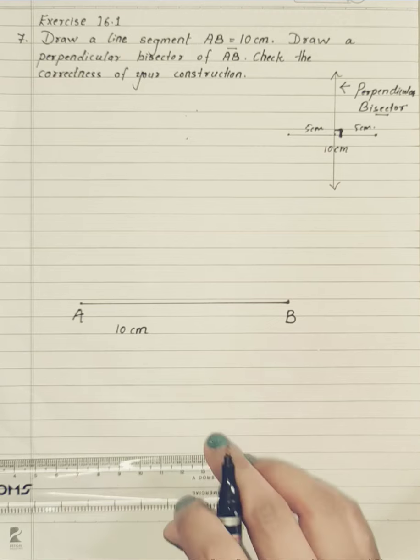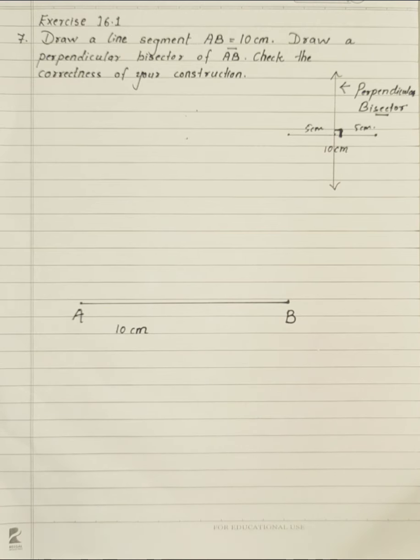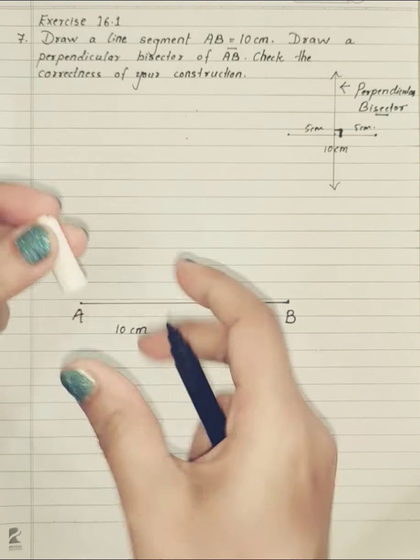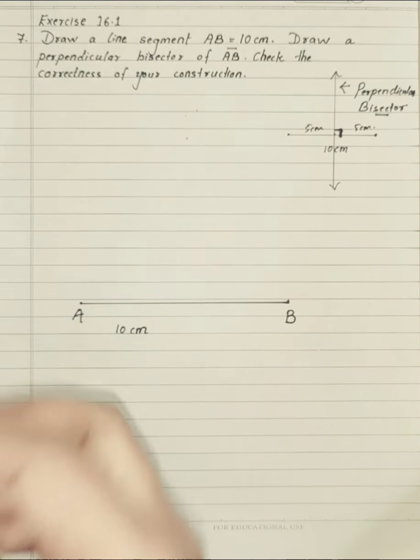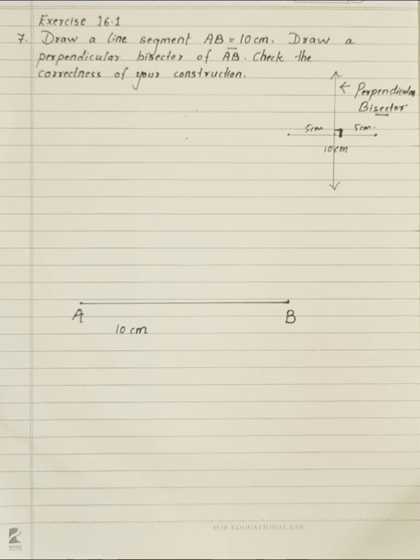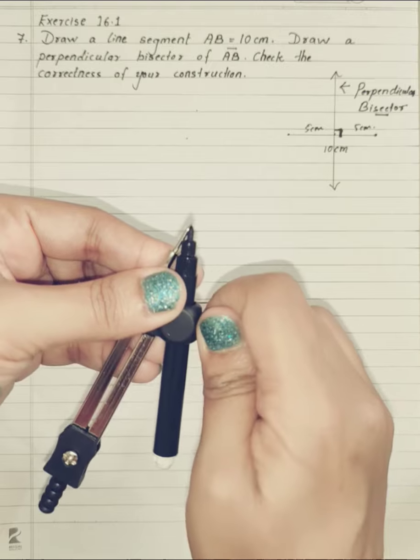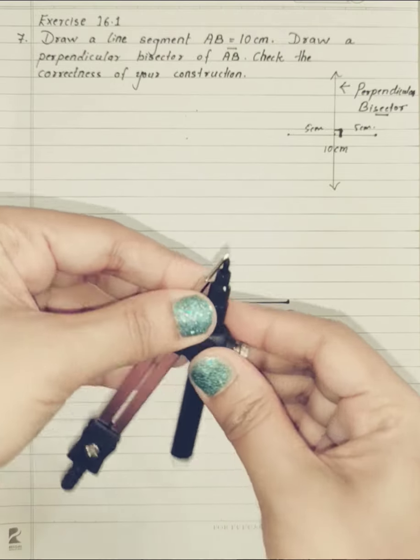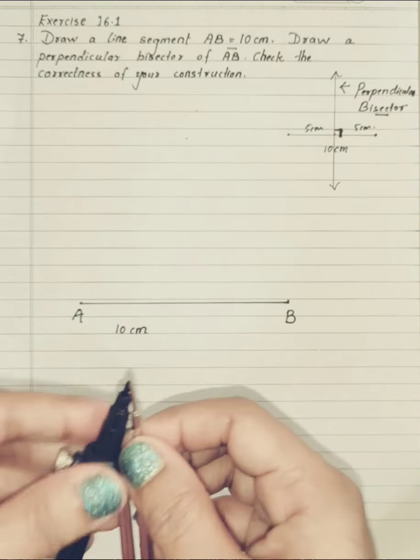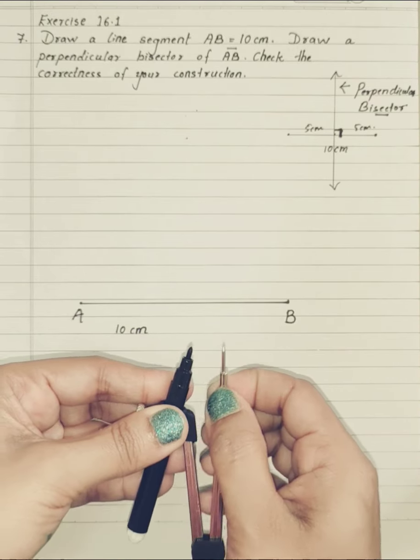Now after that, I'll take a compass. Okay, I'm using this sketch pen. You have to use pencil. Okay, so take your compass, extend it in such a way that it is more than 3/4 of this line.